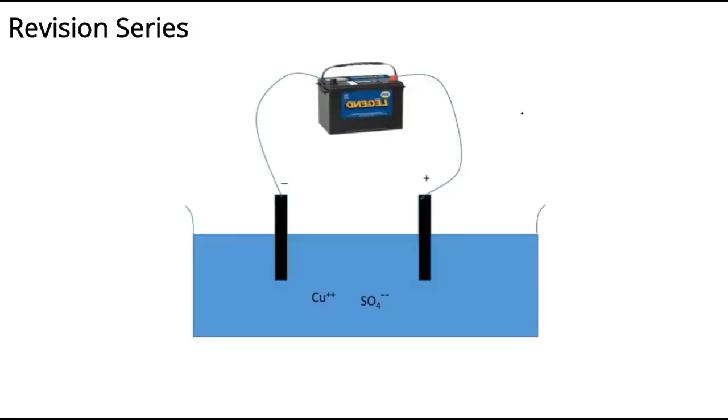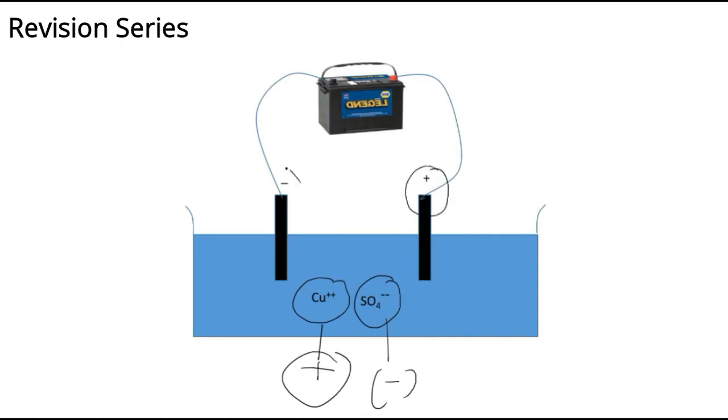We have already studied that unlike charges attract. And what are unlike charges here? In the solution we have ions, right? And what are those ions? They are positive, that is the copper ion, and the sulfate ion is a negative ion. And also we have charges on the rod, top and bottom. This is a positive charge, this is the negative charge. So unlike charges attract.